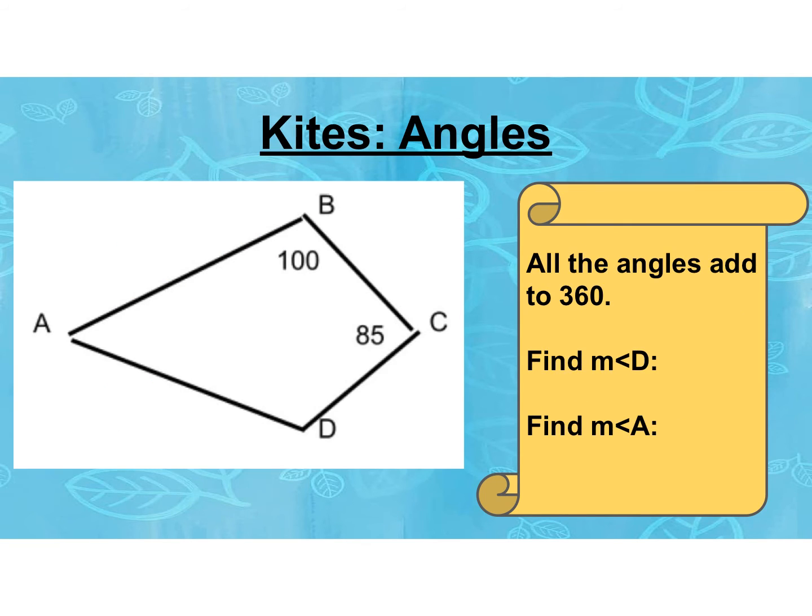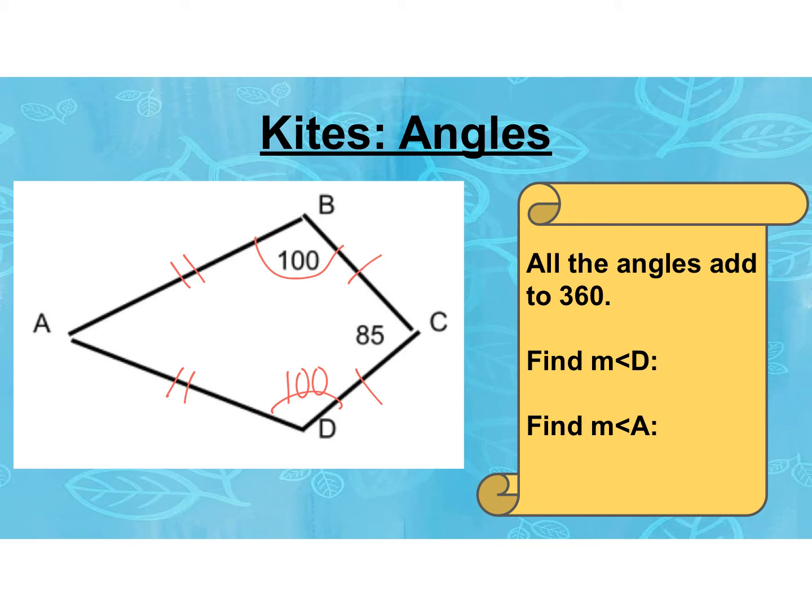So let's try it. We just learned that all angles of a 4-sided figure are going to add to 360. I'm given that angle B is 100. So this is a kite, so these are congruent, and then angle B and D would be congruent because it's where it meets the 1 and the 2. So then this is also 100.